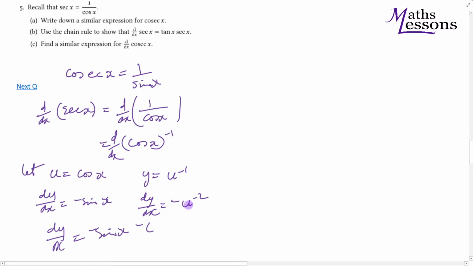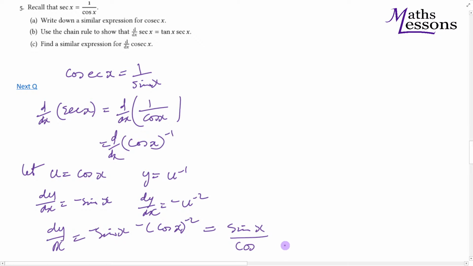Well, the u bit is cos x, so we get cos x to the minus 2. So that is equal to minus sine x times minus cos x to the minus 2, so that's going to give us a plus. So let's just get rid of that for now. We're just going to get sine x over cos squared x.